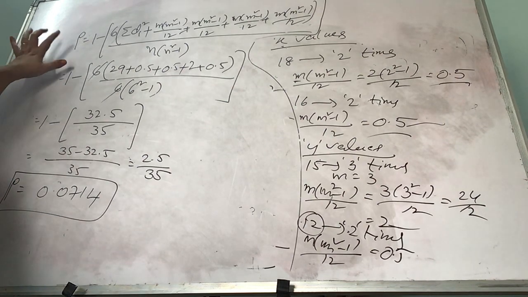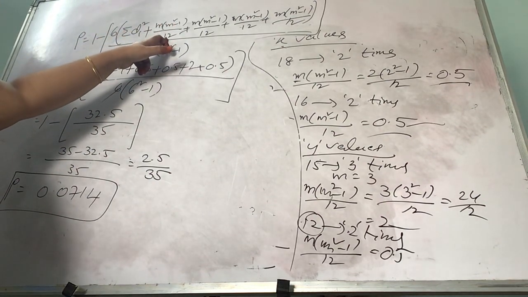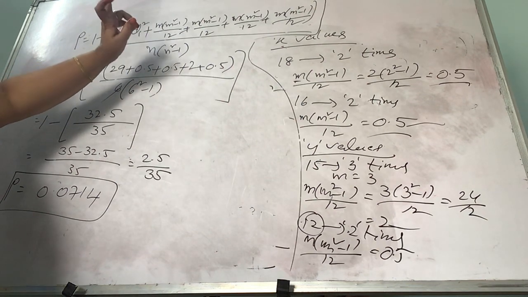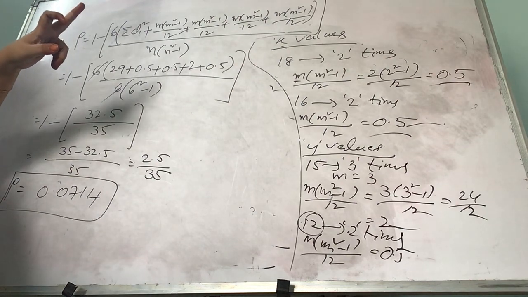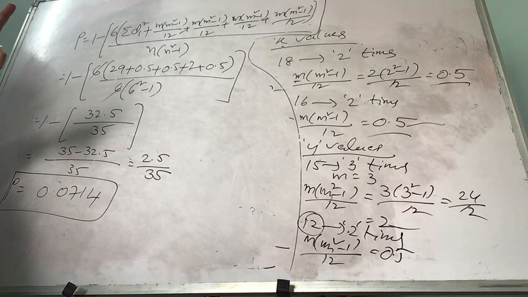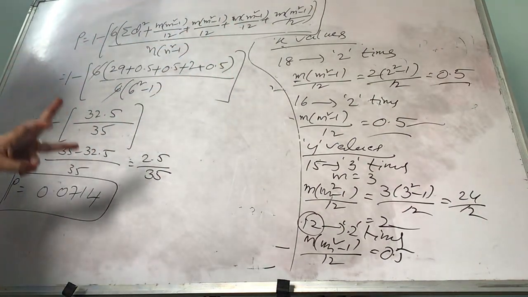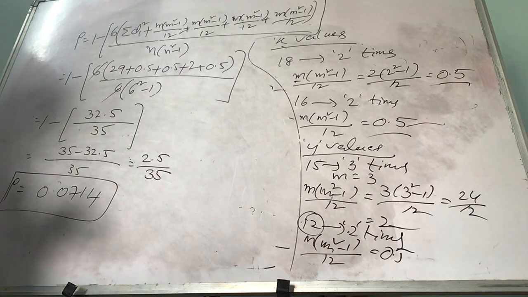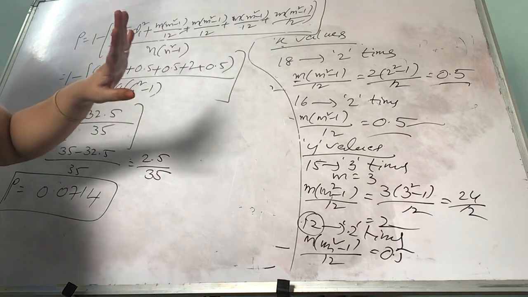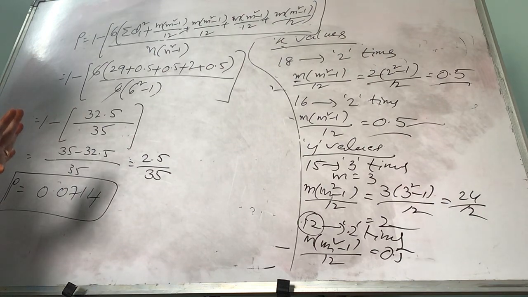In case of repeated observations, we add the factor m into m square minus 1 by 12 to summation of di square for each of the repeated observations. If 4 observations are repeated, we add 4 factors; if 3, then 3 factors; if 2, then 2 factors. The remaining procedure is same. This is about the rank correlation coefficient.